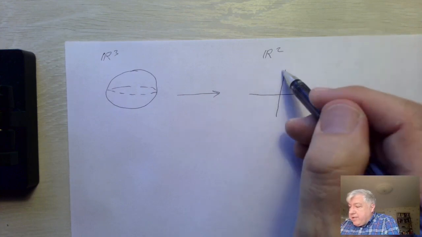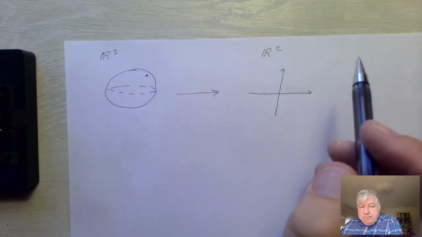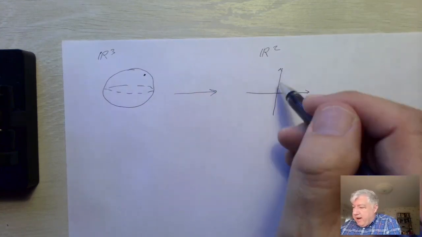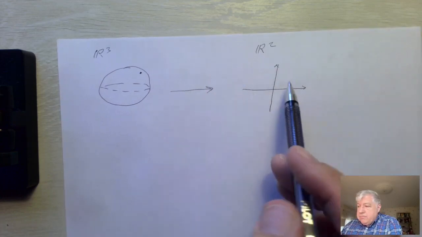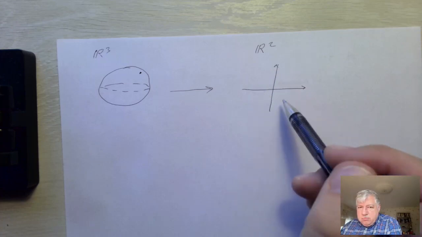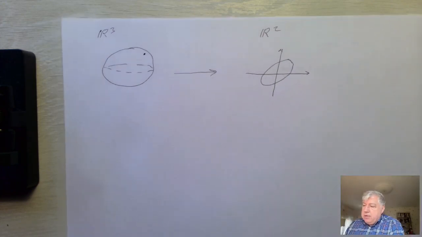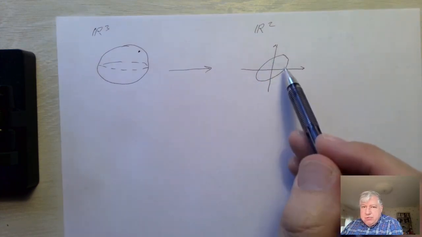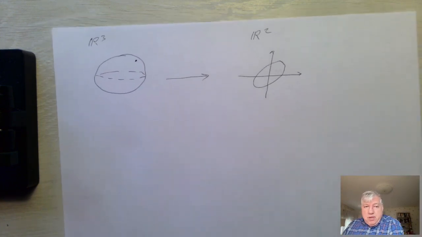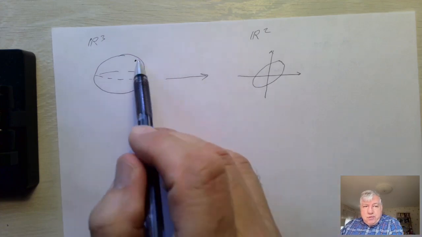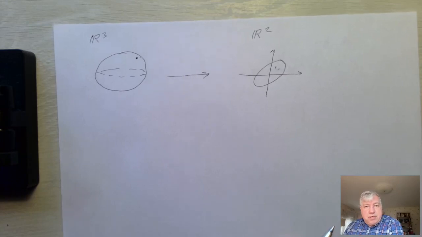Then if we take any point on the unit sphere, after we do a change of coordinates, the result will be an ellipse in R^2. Every ellipse in R^2 is going to be in this form, and any point on this ellipse is going to be sent to somewhere inside this ellipse in R^2.